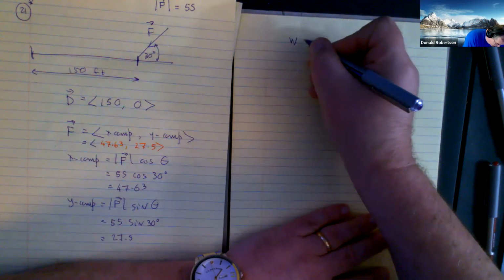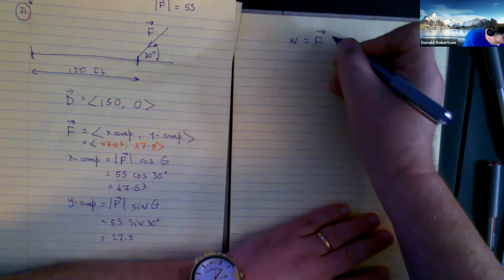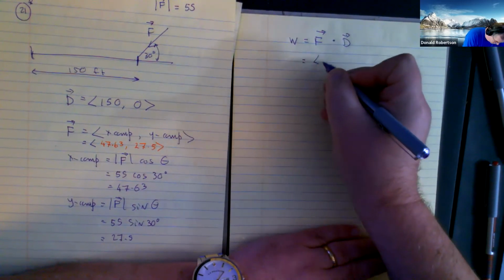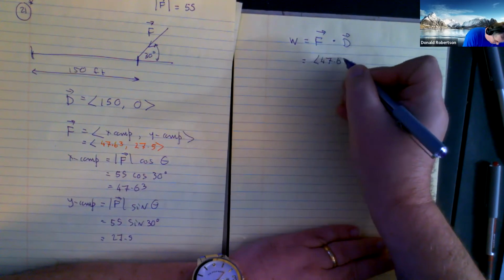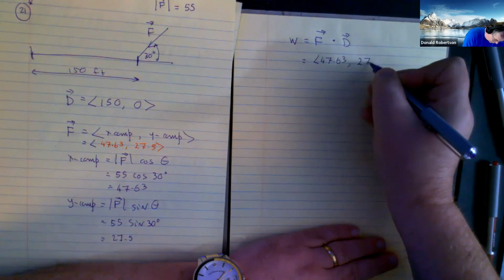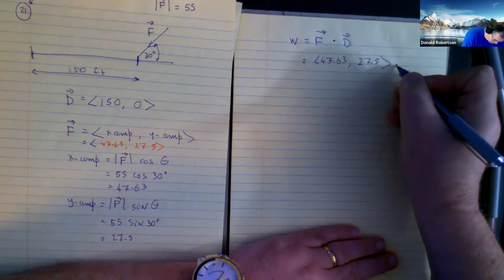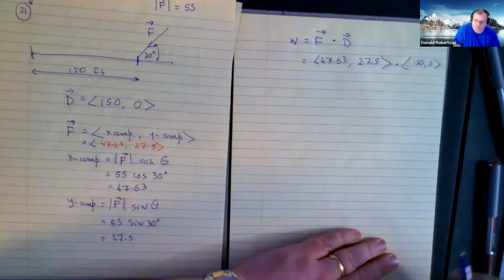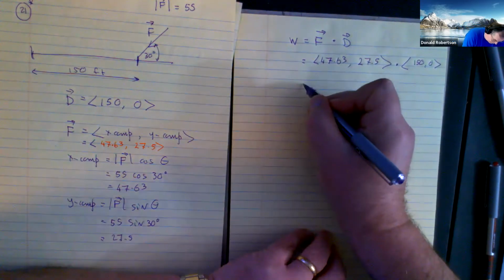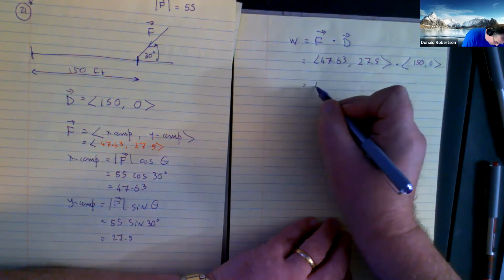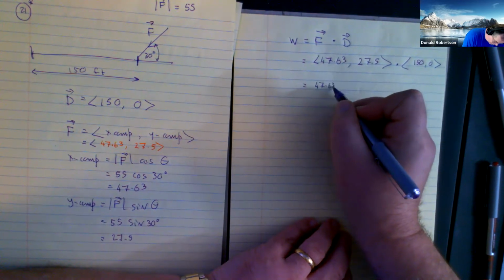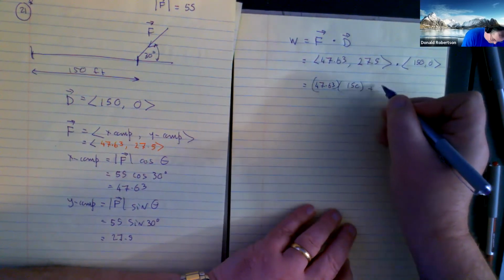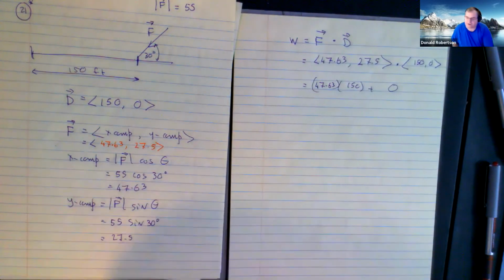So the work done is the dot product of the force vector with the distance vector. The force vector is 47.63 by 27.5, and we are moving it 150 feet in the x direction, which essentially means 47.63 times 150 plus, well, isn't it just going to be plus nothing?